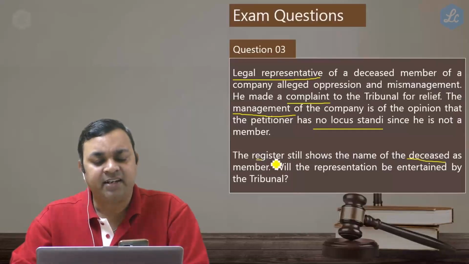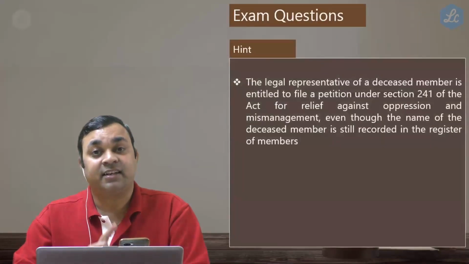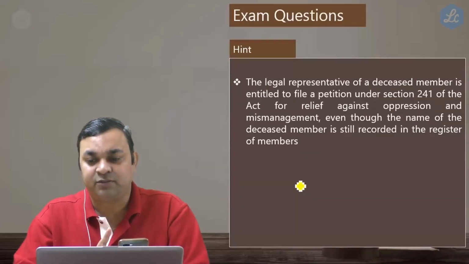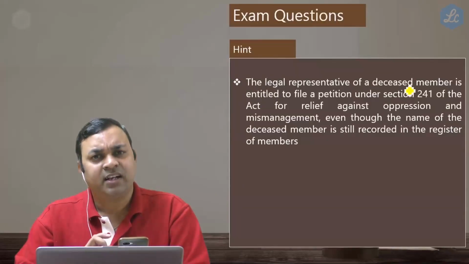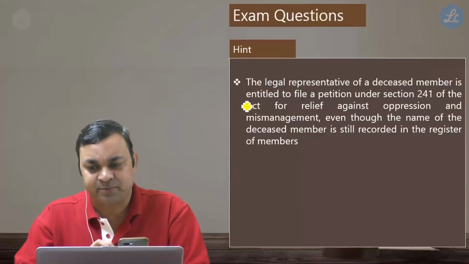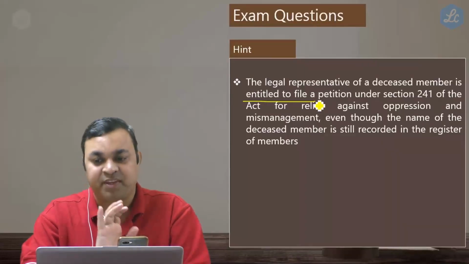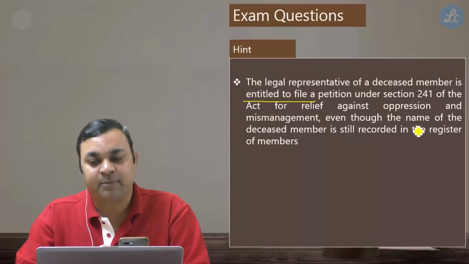So, hint answer: the legal representative of a deceased member is eligible to file a petition under section 241 to claim relief against oppression and mismanagement, even though his name does not appear in the register of members. Obviously later on his name will be entered.